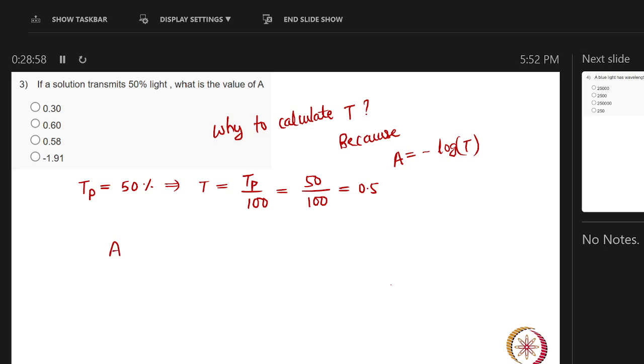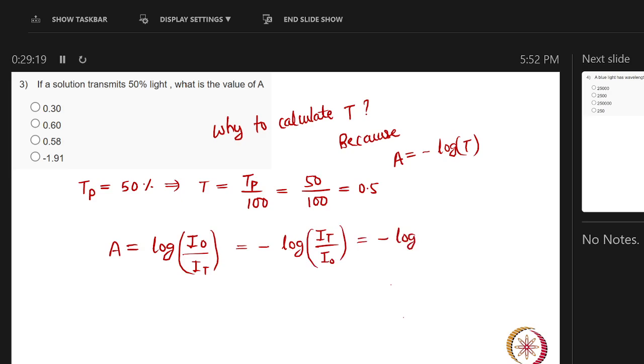So what is A then? A we can write as per the Beer-Lambert equation, log I0 by IT, and we can write this as minus log IT by I0, and this is nothing but your transmittance, correct? Transmittance is 0.5.